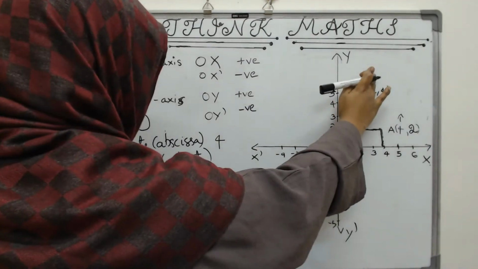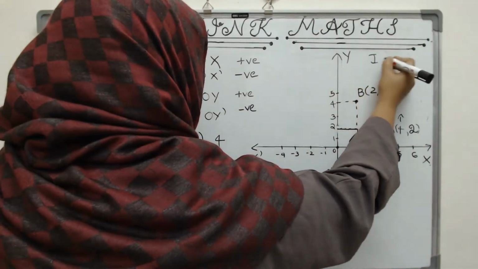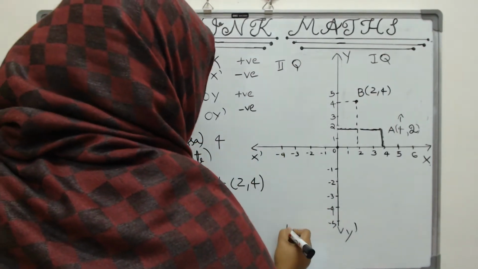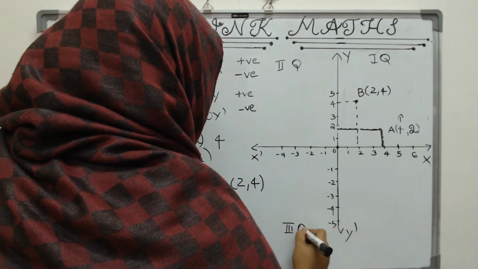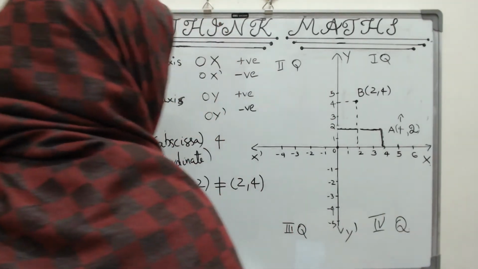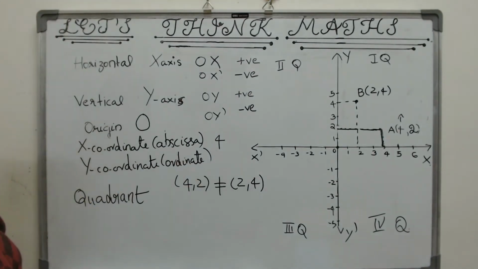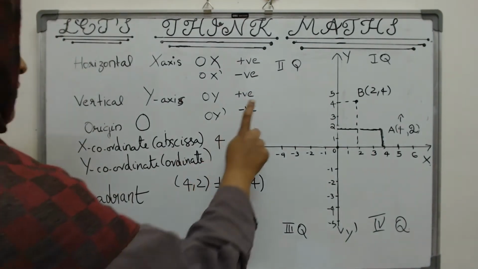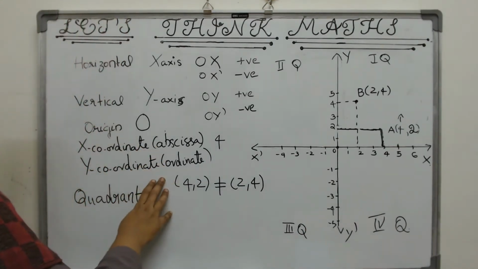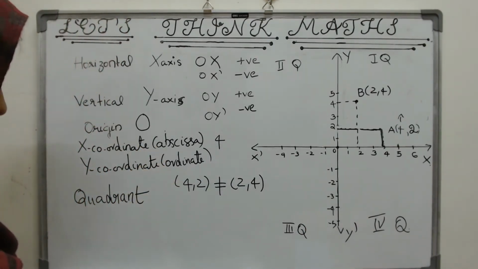This will be the first quadrant, the second quadrant, the third quadrant, and the fourth quadrant. Now, what is different between these quadrants? Depending on which quadrant your point lies in, its abscissa and its ordinate will have different signs.